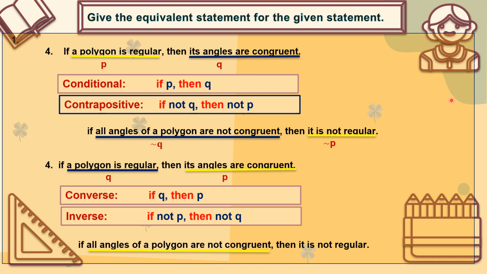All angles of a polygon are not congruent. So, not P po natin siya. Ano naman ang conclusion? It is not regular. So, ito ang ating not Q. Ganun pa rin, kahit baliktarin pa natin or pagpalitin natin ang pwesto o alin man ang mauna dyan, kung converse ba or conditional, ang equivalent statement po natin ay pareho pa rin.